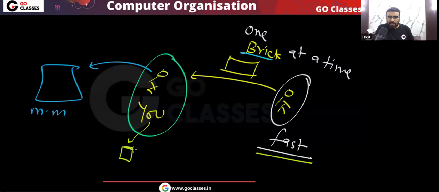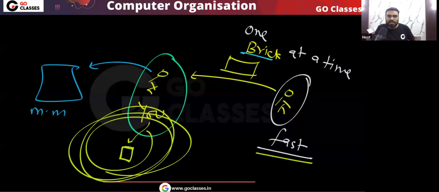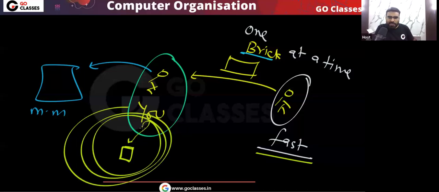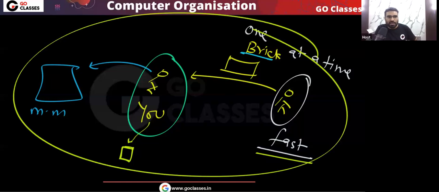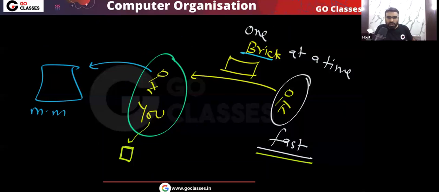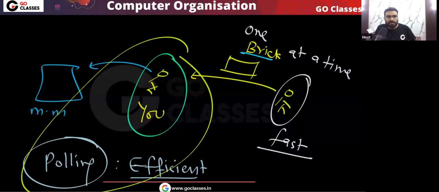Then again it will go and do some work, but immediately the next brick will come. So you can see this context switch is happening very frequently, very immediately. Because of this context switch, time is wasted basically. In this situation, interrupt driven IO will take more time and polling will take less time.